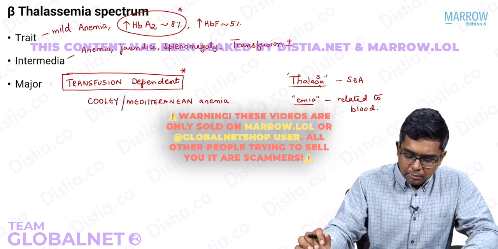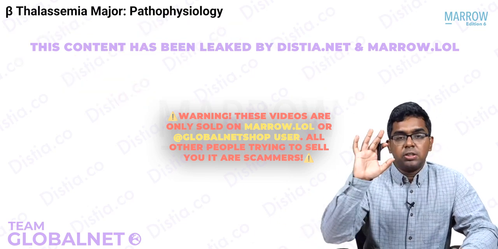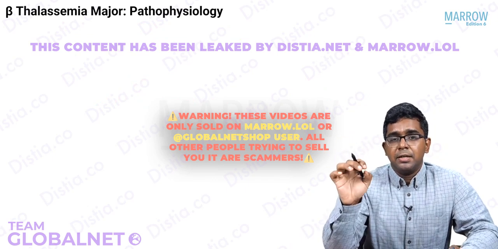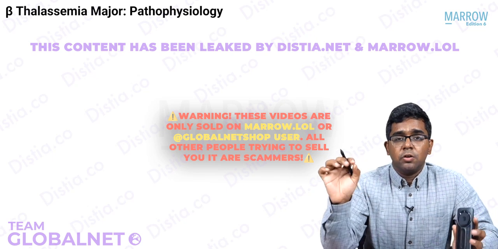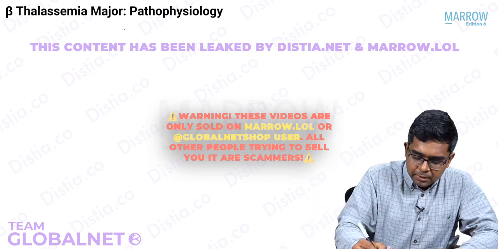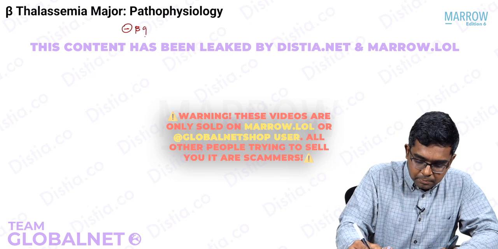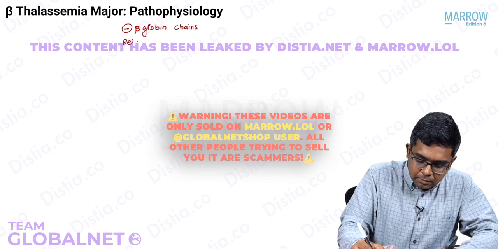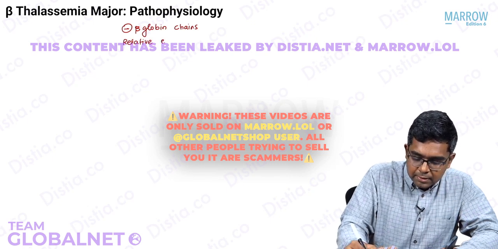Right. Now let us see what is the pathophysiology of beta thalassemia major. As I told you, this condition is characterized by absent production of beta globin chain. So with absence of beta globin chains, there is a relative excess of alpha chains.